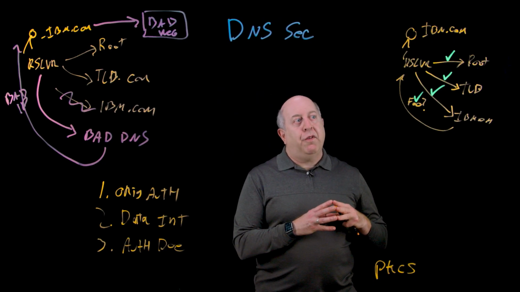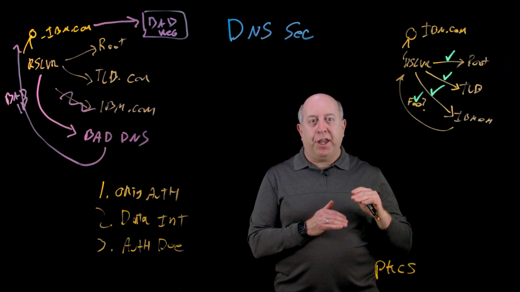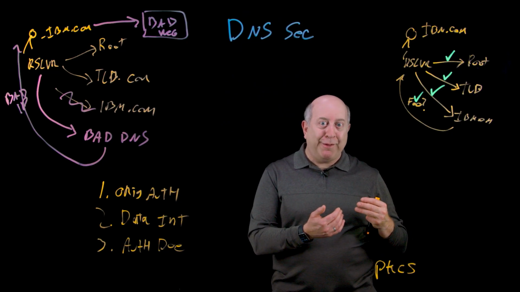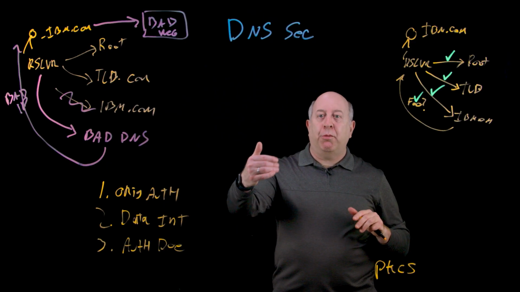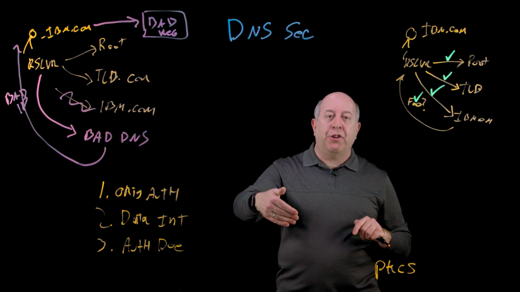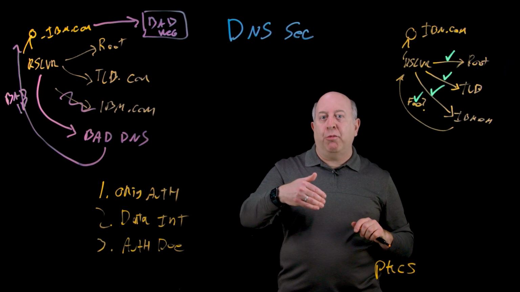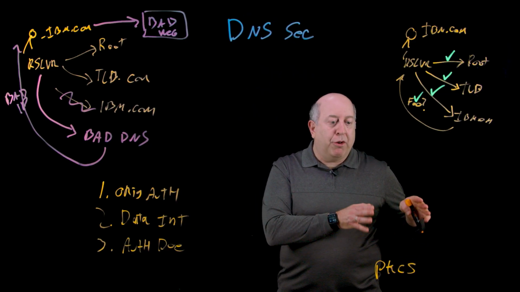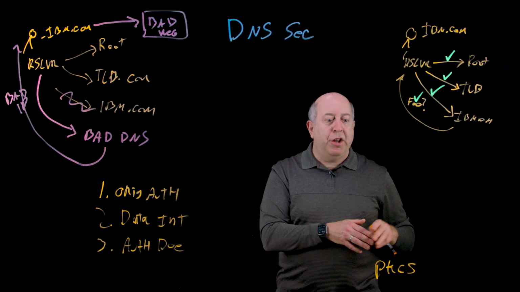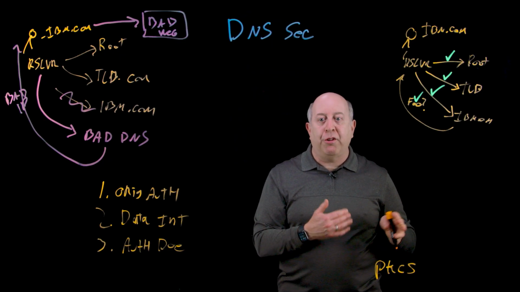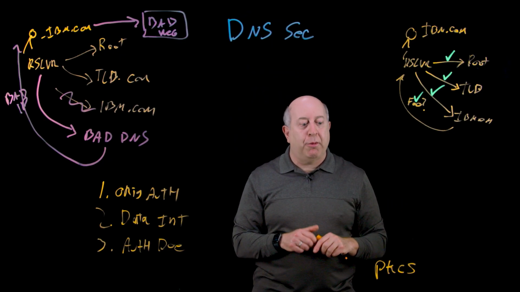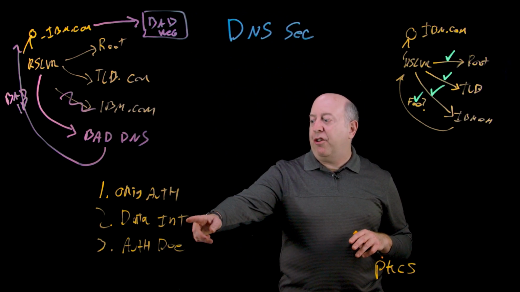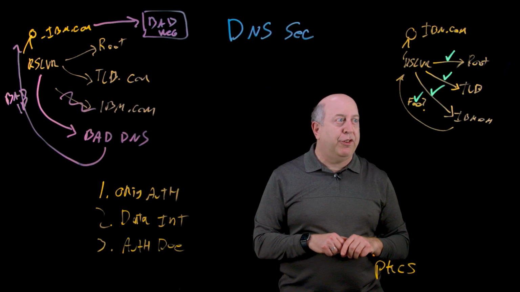That's the idea that you can have a public-private key pair such that when you encrypt something with the private key, which you keep private, and publish the public key out on the internet or give it to other people, when they decrypt the item with the public key, it validates that the owner of the private key was the one that created that item. And it can be used for a number of functions. There's other videos you can watch that go into a lot more detail about PKCS. But essentially, it allows us to implement the origin authentication, data integrity, and authenticated denial of existence checks.